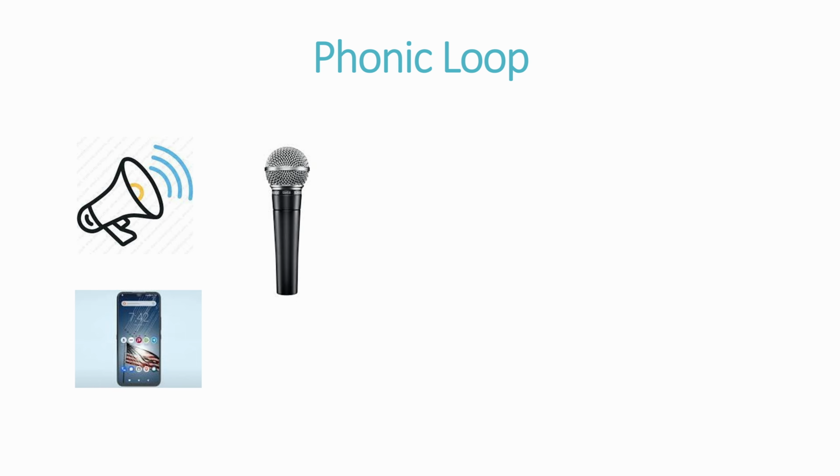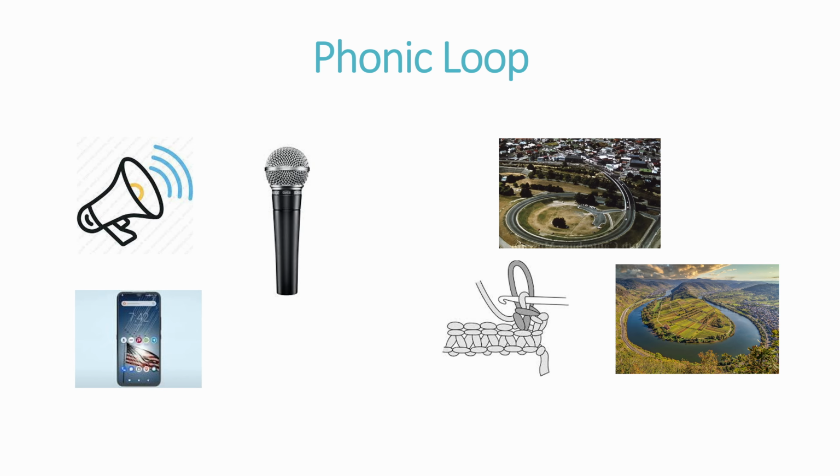We know what a megaphone is, a microphone, or a phone that we might hold, a mobile phone, and we get this idea that phone has something to do with sound. So phonic is sound, and then the loop, of course, could be a loop in a stitch, a loop in a river, or here is a loop going down around the port in Timaru.